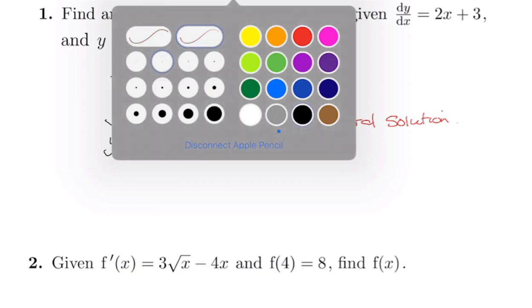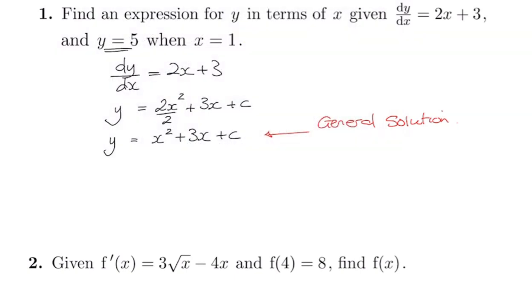Now we can use the fact that y equals 5 when x is 1, and substitute those values in to find out what c is. So y is 5, and substituting x equals 1 we get 5 equals 1 squared plus 3 times 1 plus c, so 5 equals 1 plus 3 plus c, and you can see that c must equal 1.